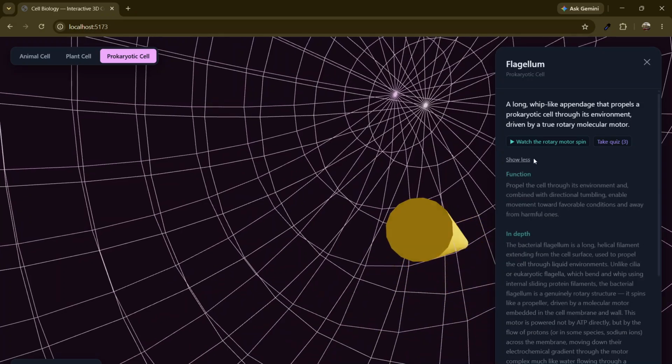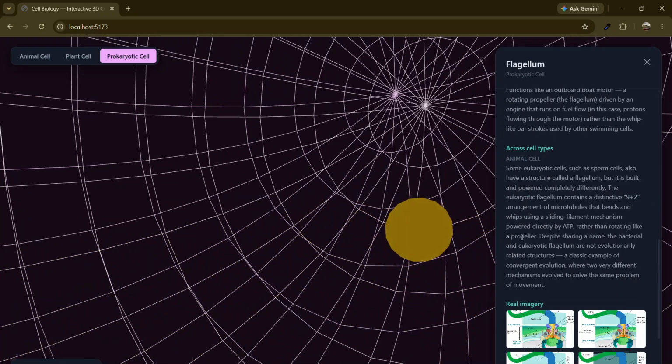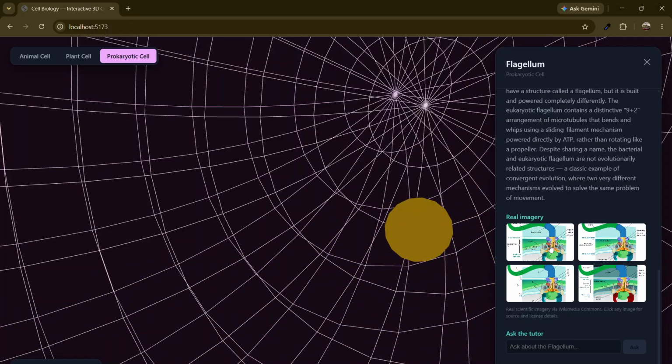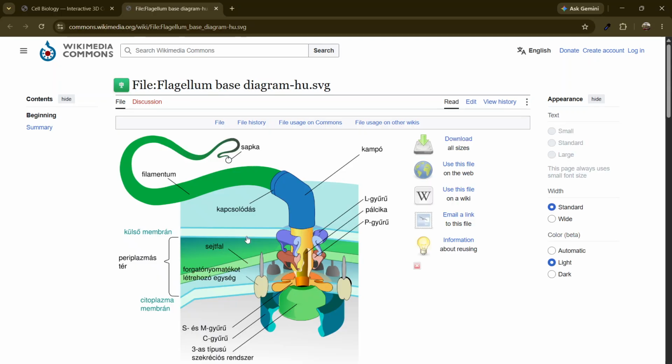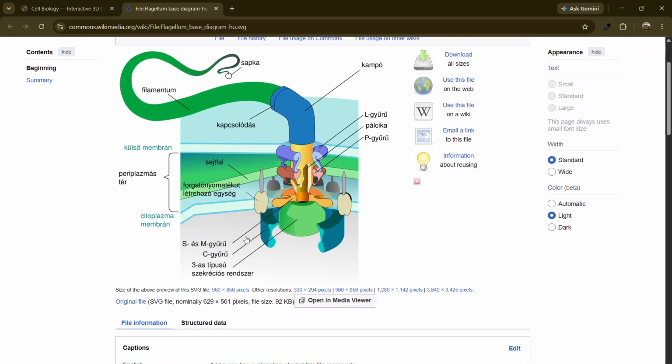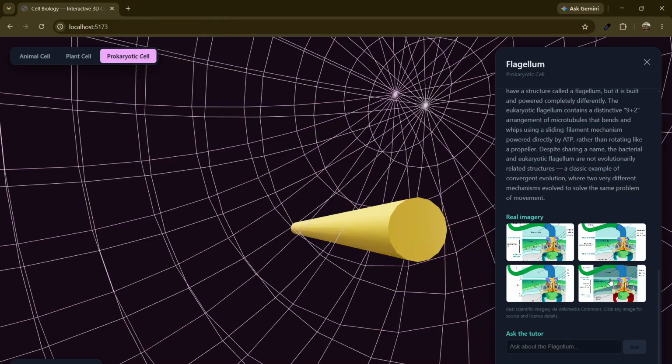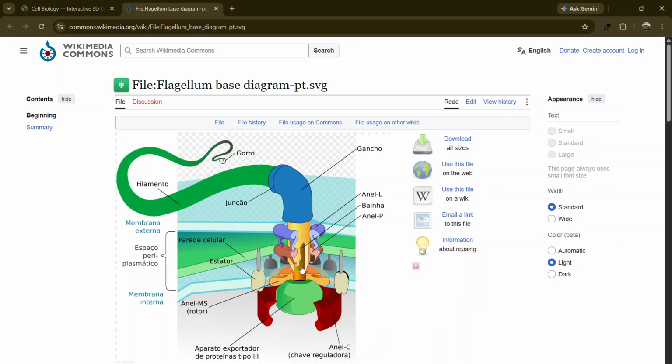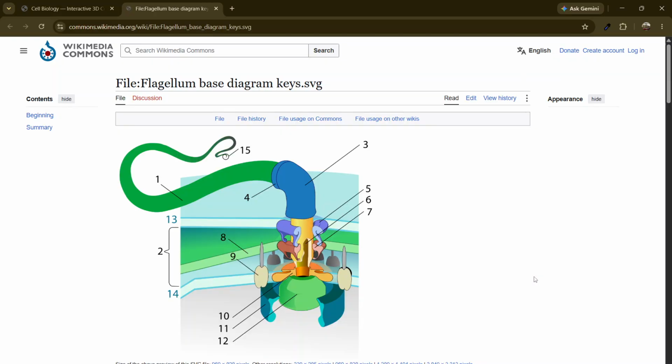There's the flagellum. I want to take a look at the images that were provided. Ooh, okay, this is cool. Oh no, okay. I thought it wasn't going to work there for a moment. I cannot, respectfully, read that. So let me try this image. Same thing. Cool images though.